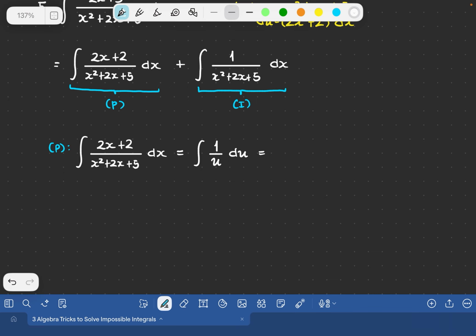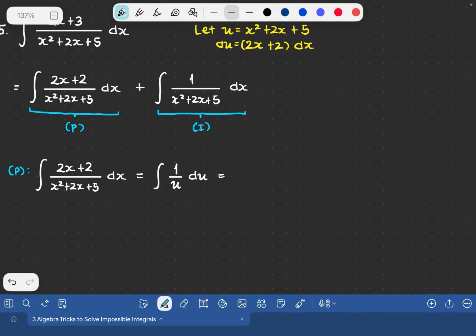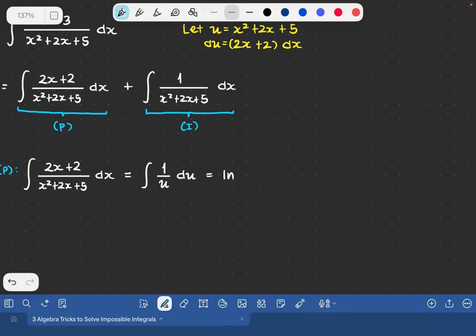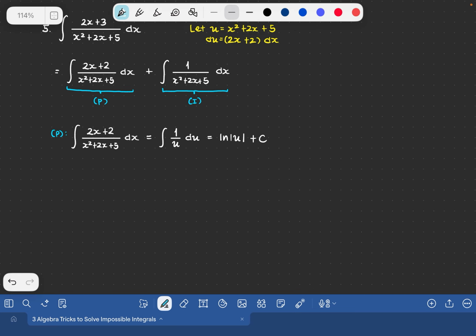Okay, you got that one down. So this one becomes du, this one becomes u. And so we'll have here ln of the absolute value of u plus c.